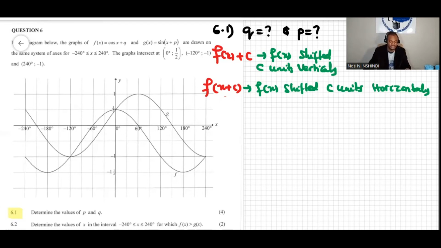Looking at the graph of f of x, cos x plus q, I want to select an angle, like 0 degrees.